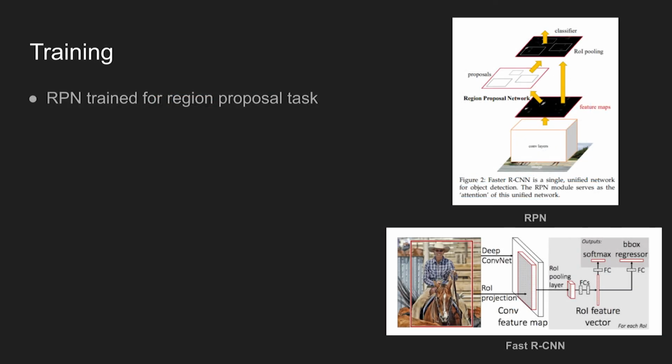The training of the Faster R-CNN model is divided into 4 steps. First, the region proposal network is trained on the object detection dataset to make region proposals. Once the model is trained to make proposals, a separate detector, in the paper the authors used Fast R-CNN, is trained on the region proposal network trained in step 1.